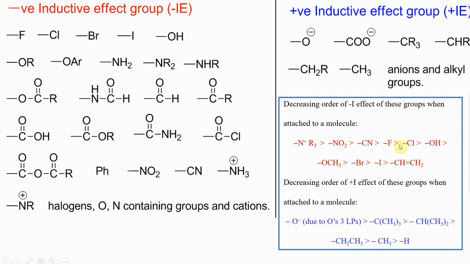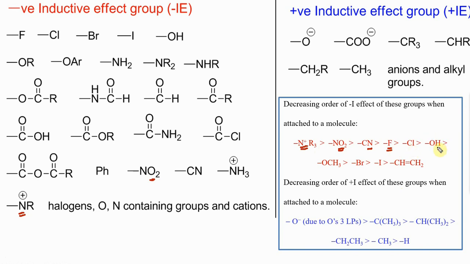You want to remember this order also, because you may have to decide between 2 atoms. Now as I told you here, N with a plus charge will be strong. Next is NO2, I told you, NO2 is here. Next is CN. You want to remember the whole thing. Fluorine is extremely electronegative, good. Oxygen is more electronegative than chlorine.